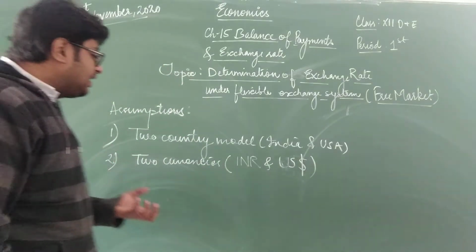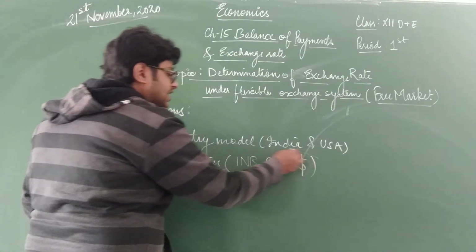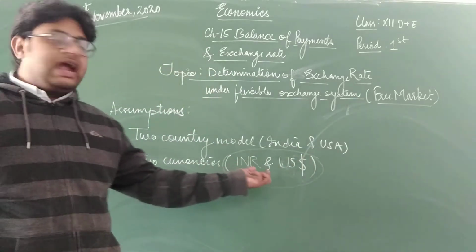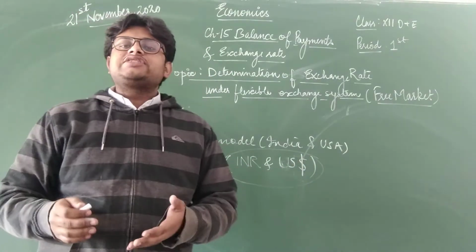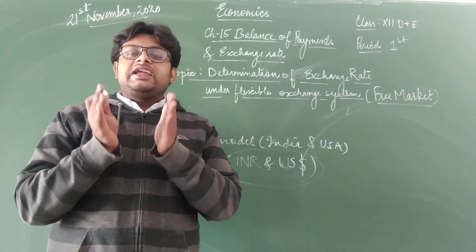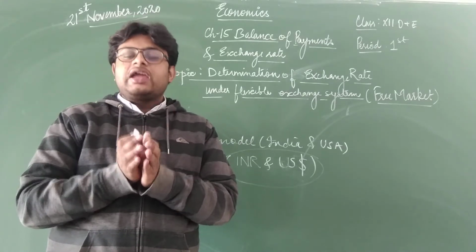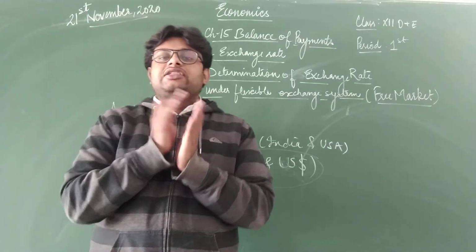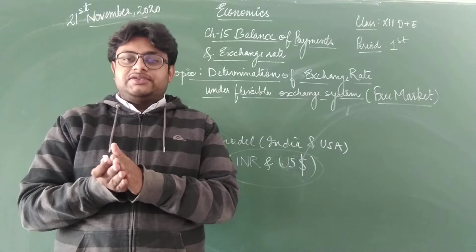So we will study the exchange rate to be determined between the Indian rupee and the US dollar. And since we are relating it with the Indian economy, we will study how the exchange rate between the Indian rupee and the US dollar is determined.